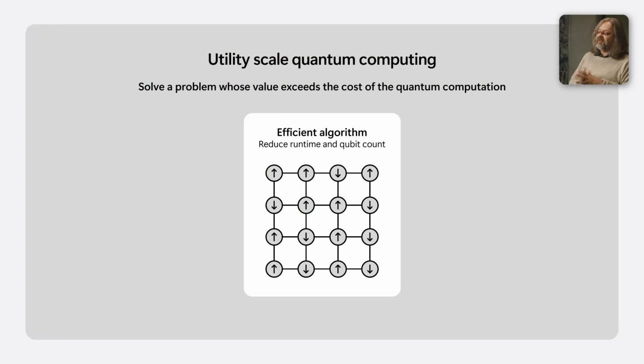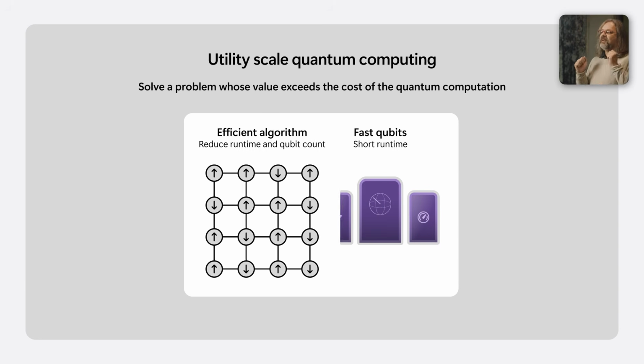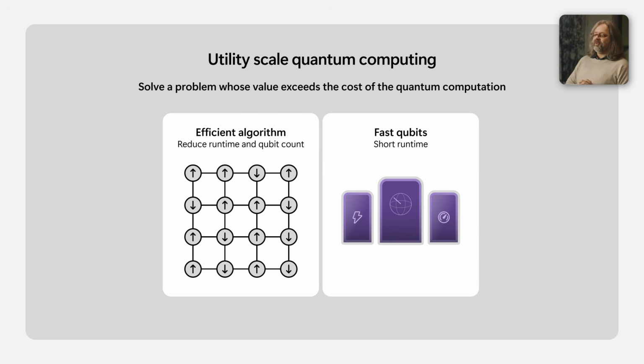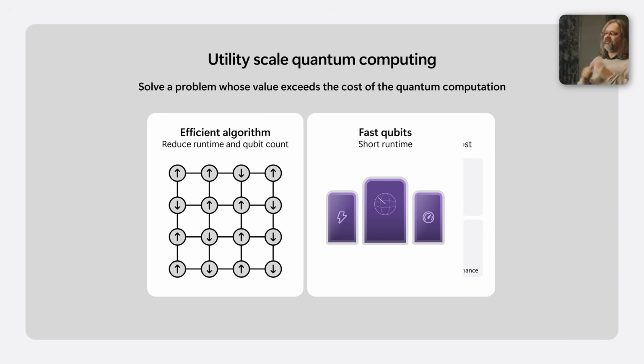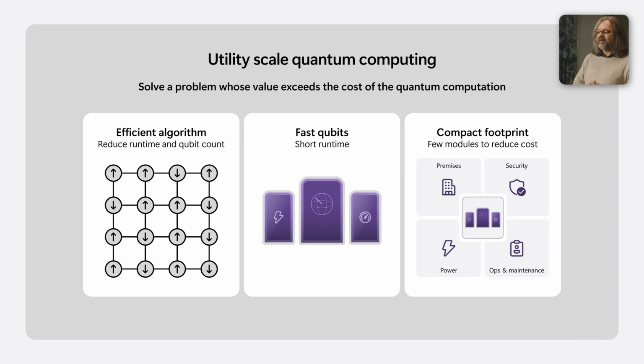So to reach utility scale and solve a problem where the cost is less than the value, we want to have, first of all, efficient algorithms and simplify the problem as much as we can to reduce the runtime and the qubit count. Next, we want fast qubits so that the runtime is short. Then we want systems with a compact footprint where I need only a few modules, again, to keep the cost low.